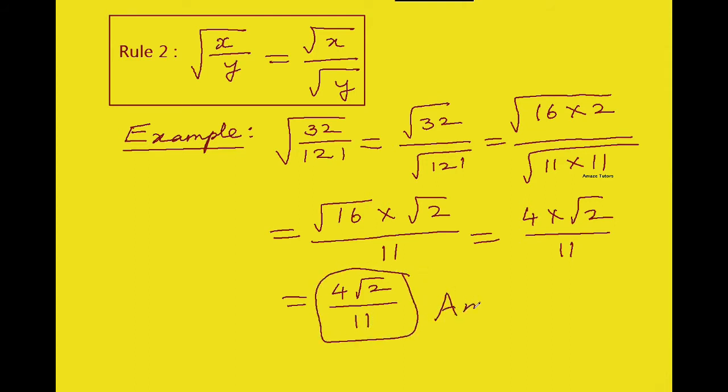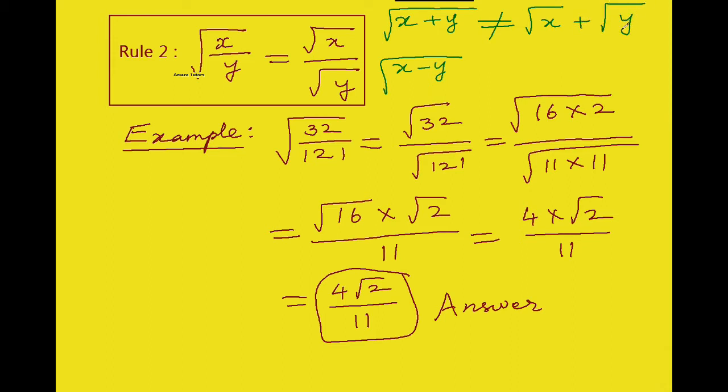I hope you are following, students. So, rule 1 and rule 2, you can split the radicals whenever it is a product or quotient, multiplication and division. But whenever it is addition or subtraction, you cannot split the radical.